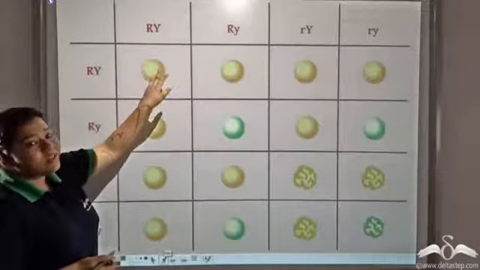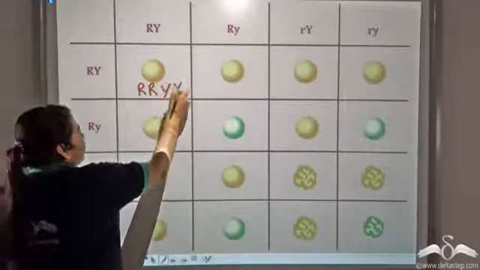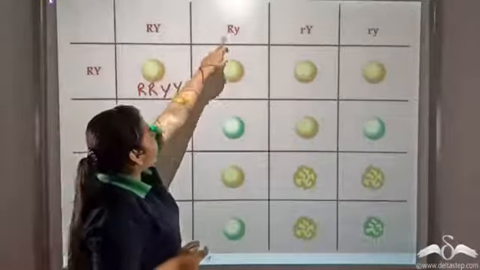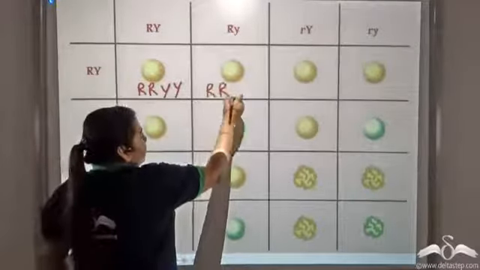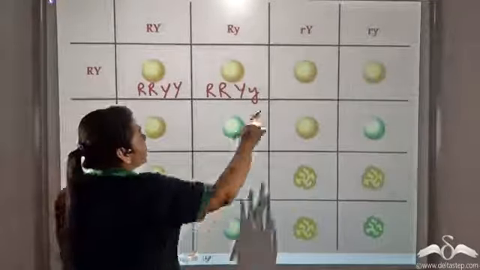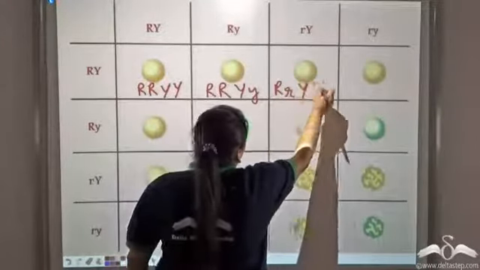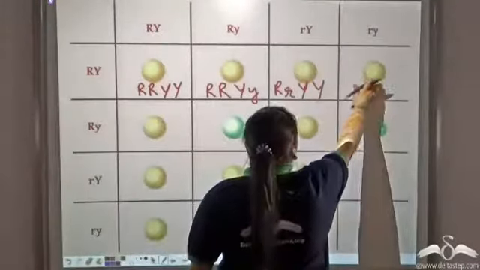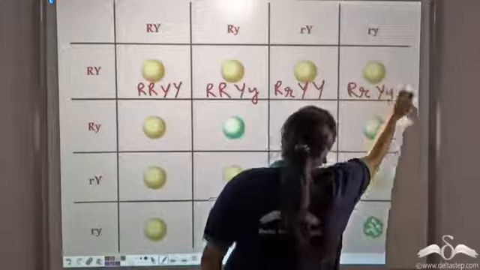This seed, which is round and yellow, has the genotype capital R, capital R, capital Y, capital Y. Next, this seed has the genotype capital R, capital R, capital Y, small y. Similarly, this seed has the genotype capital R, small r, capital Y, capital Y. This round and yellow seed has the genotype capital R, small r, capital Y, small y.